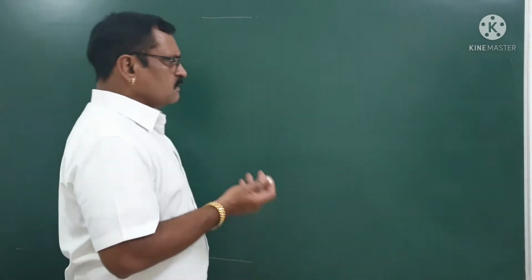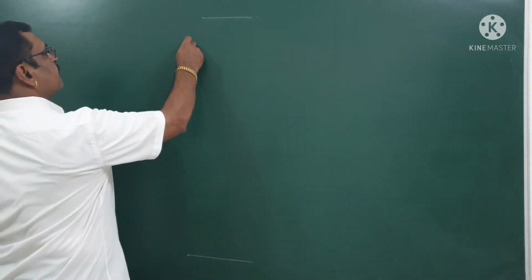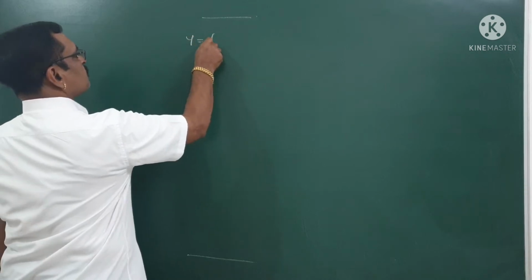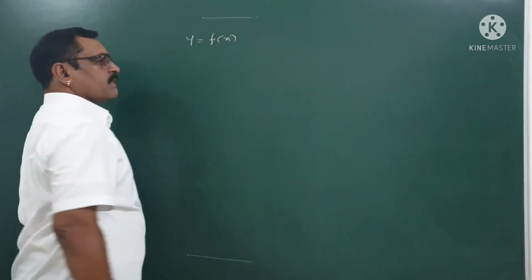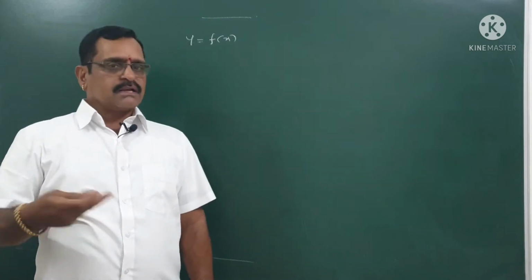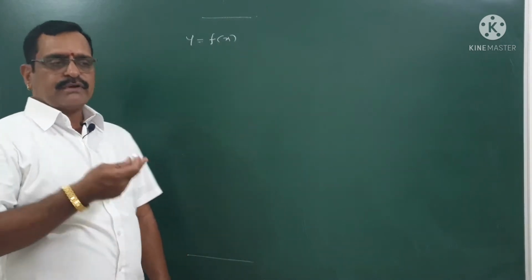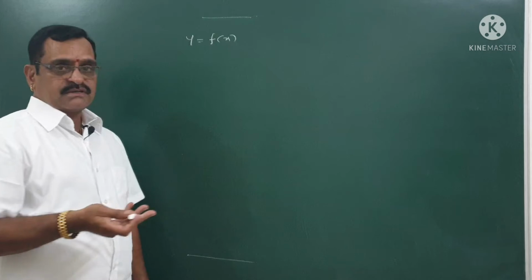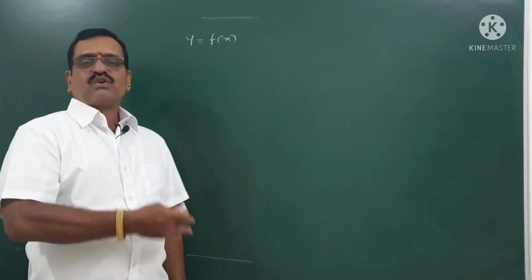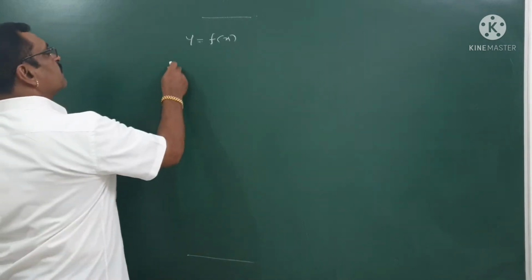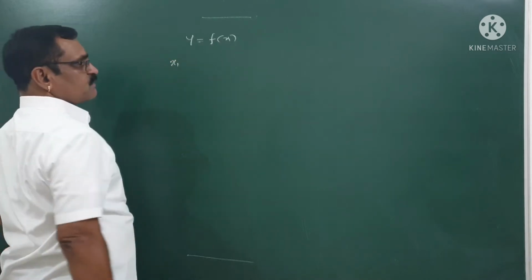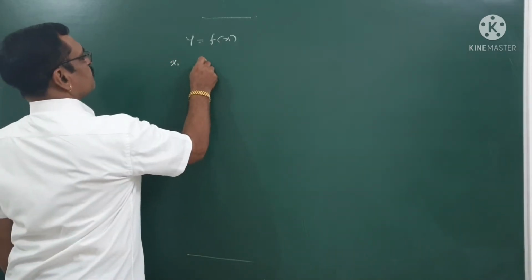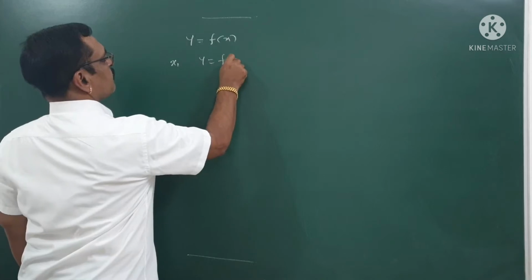Suppose we have a function y is equal to f of x. How do we draw the graph for this function? We use values for x. Corresponding to x values, we get y values. When you substitute x1, you have y1 is equal to f of x1.